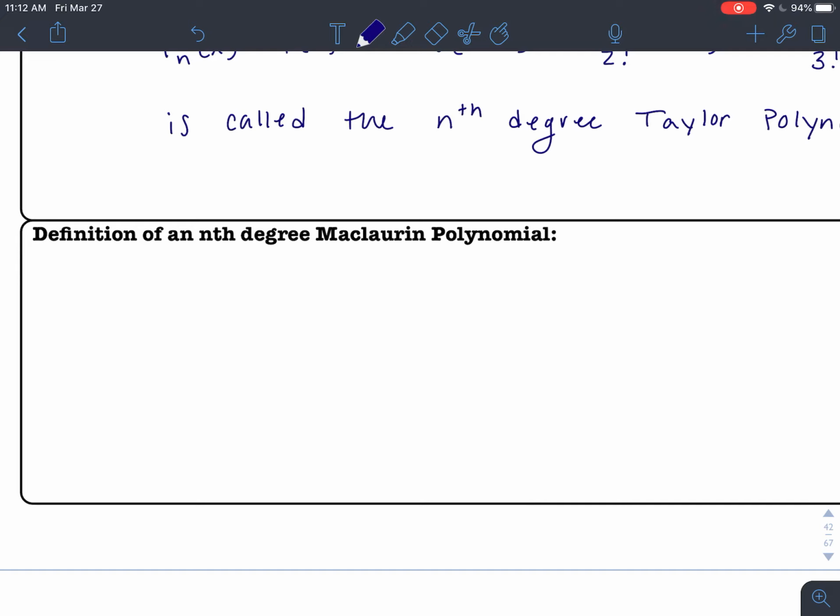So Maclaurin is basically the same thing. And whoa, my spacing was not great there, but that's fine. I can fix it later. So a Maclaurin polynomial is a Taylor polynomial where c is equal to 0.